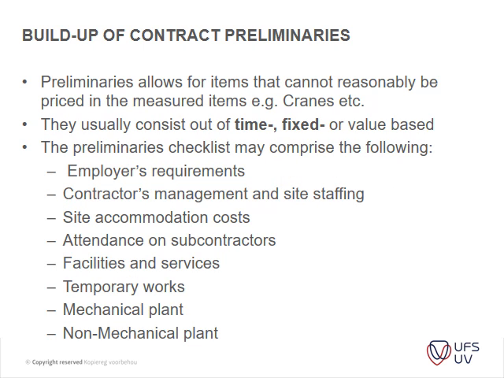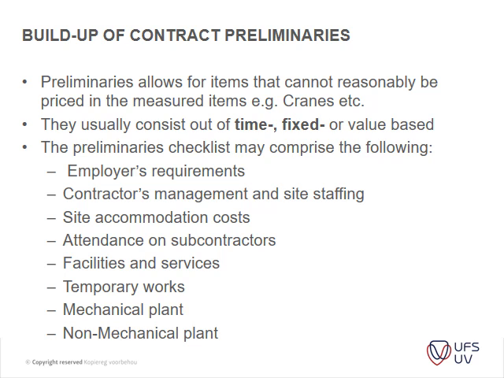Okay, then just running through the build-up of contractual preliminaries. I'm going to spend a little bit more time on this in the next session, your preliminaries. This is where you get your competitive edge as a contractor, and where your method statements and your program come into their own. Preliminaries allow for the items that cannot be reasonably priced in the measurement items, for instance your cranes, your insurances, and that type of thing.